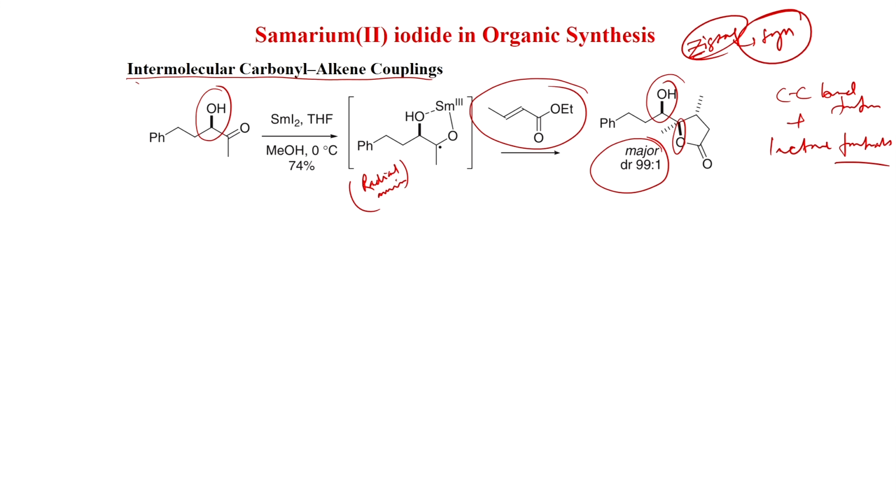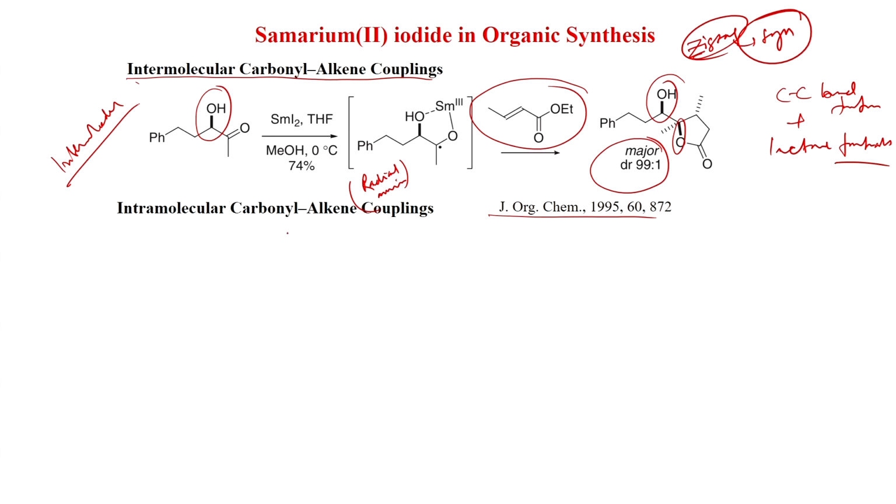So, this OH and this lactone CO bond, they are in the syn orientation, and these two methyls are also seen here, and this lactone is formed in high dr. This was published in JOC 1995. So, this is intermolecular.